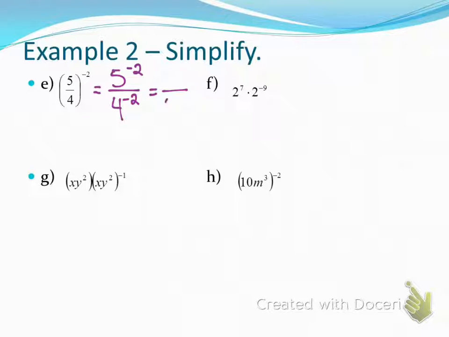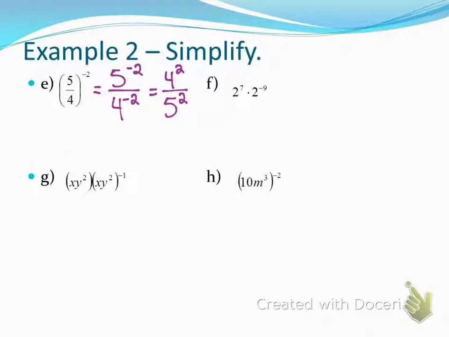Negative exponent means it's got to go. If it goes to the other side, the sign on the exponent will change. Should the 4 to the negative second power stay where it is or go? It also needs to go. For it to go means it's going to go where? Up to the top. In the numerator, good. And then it will also now have a positive exponent.